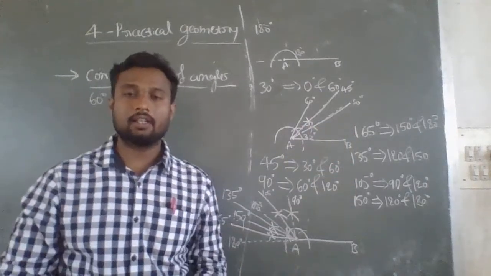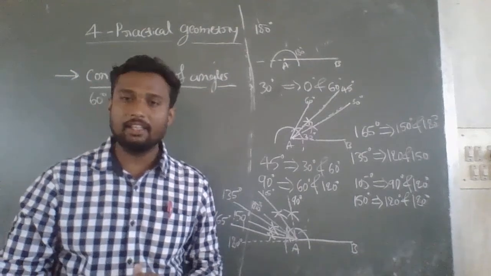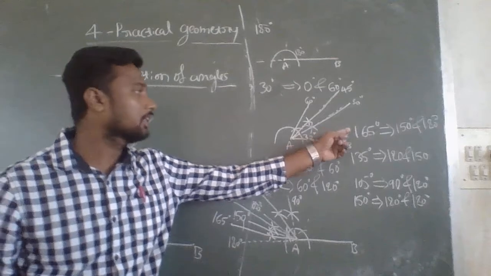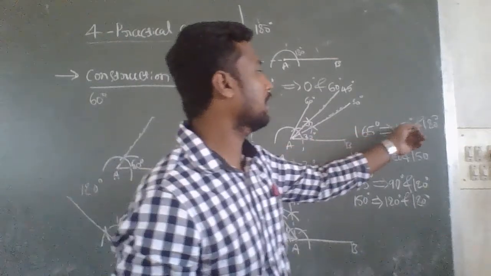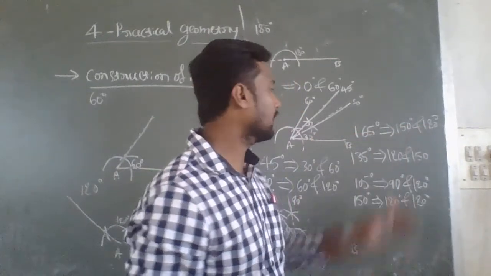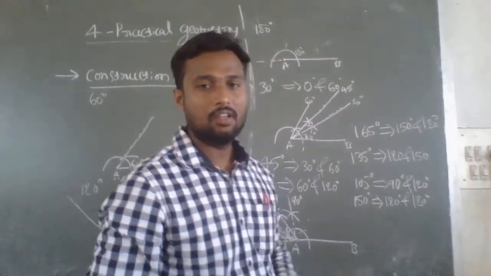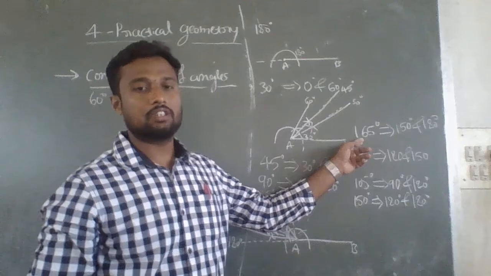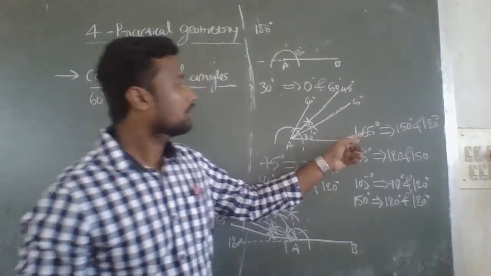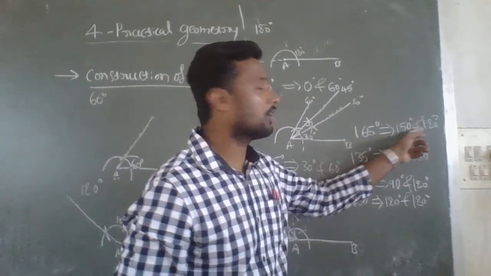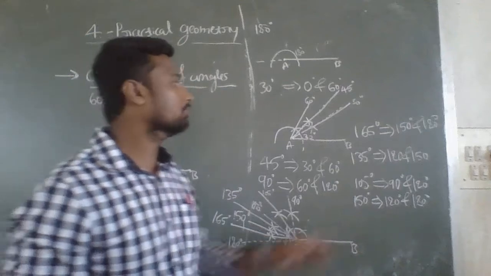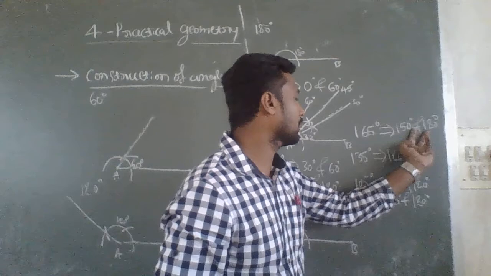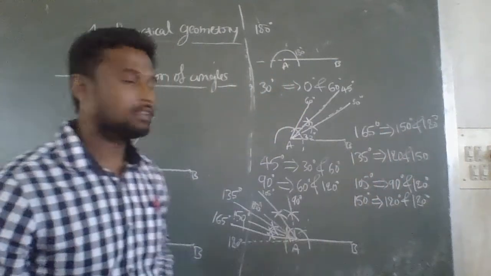To construct any angle, for example 165 degree, which is between 150 degree and 180 degree, we should construct 150 degree and also 180 degree, because by using these two angles we can construct 165 degree.